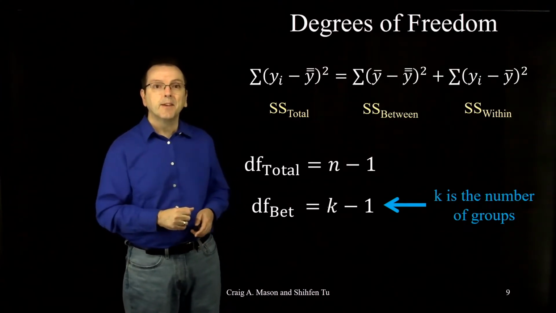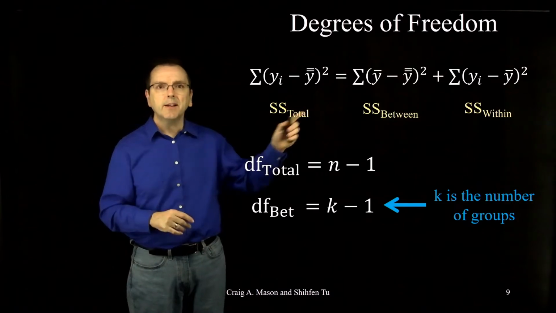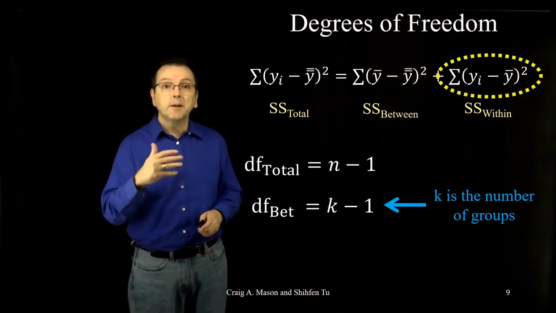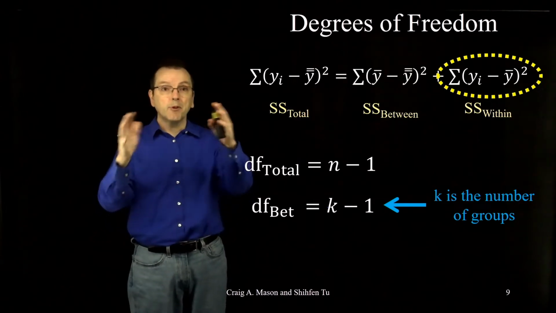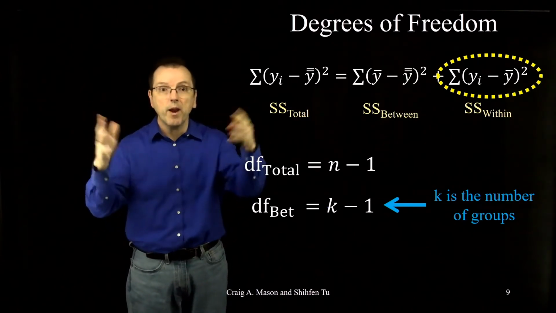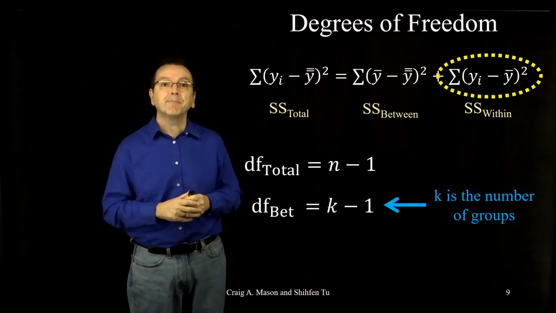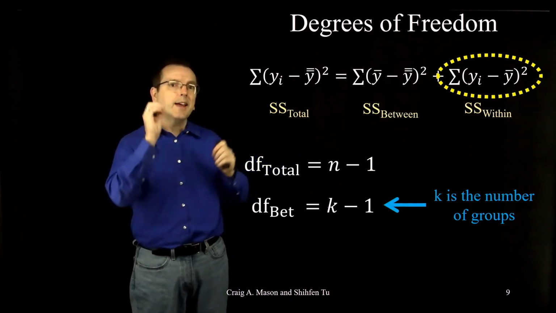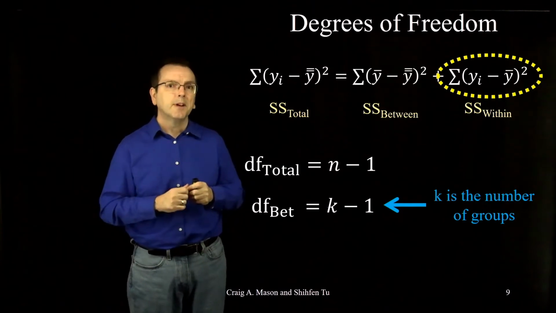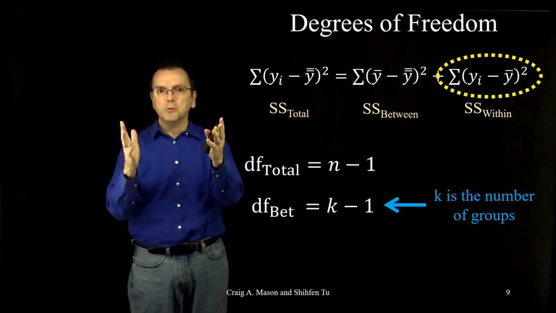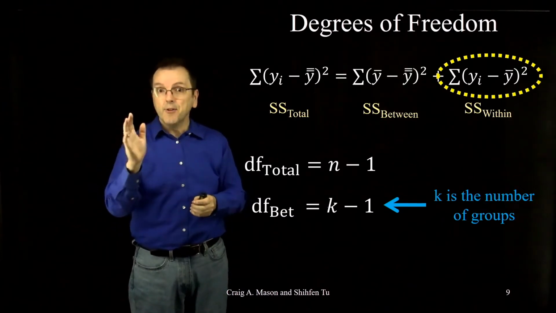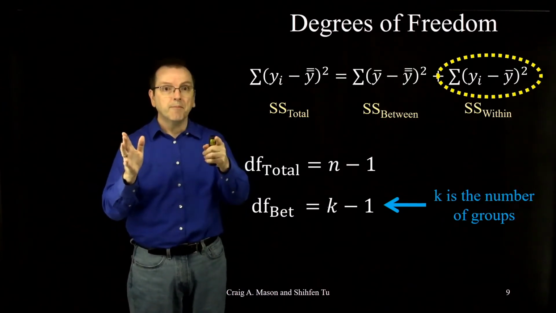All right? And finally, we have the sum of squares within. That was y sub i minus y bar for each person, squared and all added up, right? Now, again, remember that we have k different groups. And within each of those groups, the degrees of freedom would be equal to the n for that group minus 1.